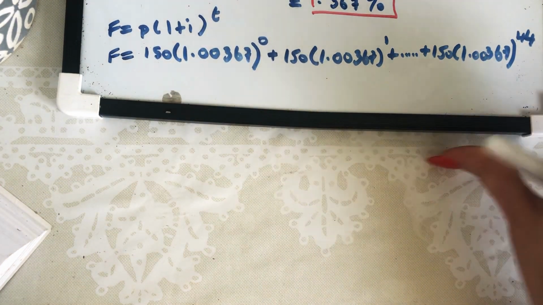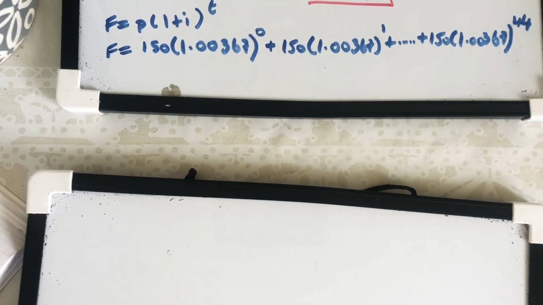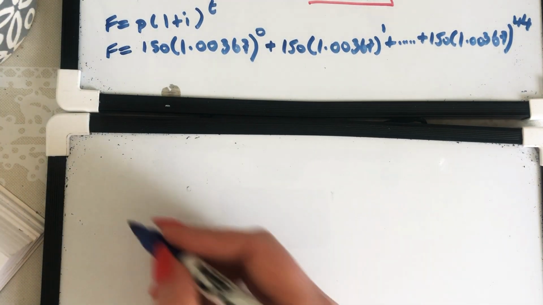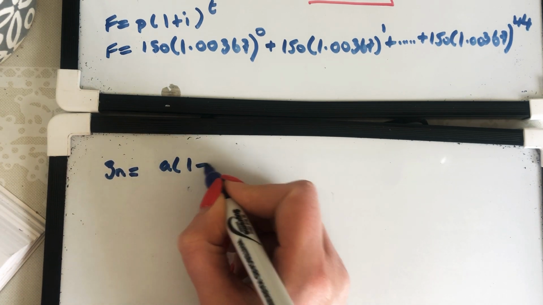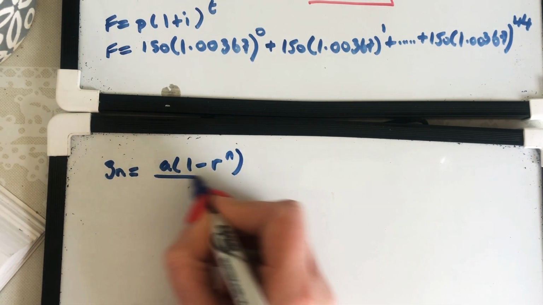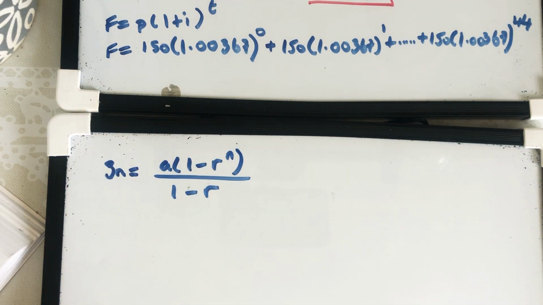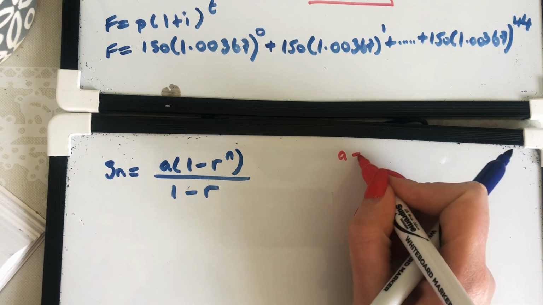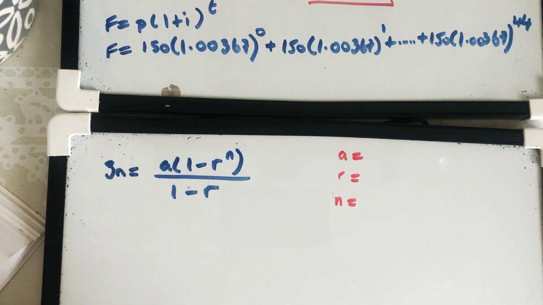Next, we're going to move on to using the geometric sequence formula. So we have Sn is equal to a(1 − r^n) over 1 − r. We can identify here that our a is our first term, our r is our common ratio, and our n is our number of terms.